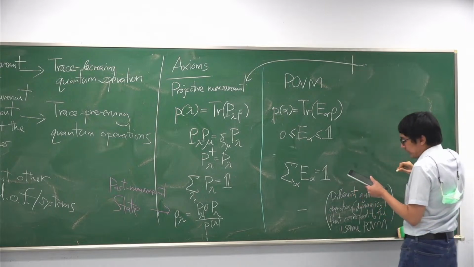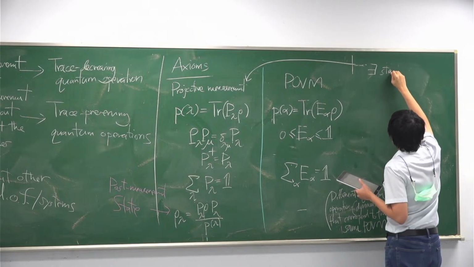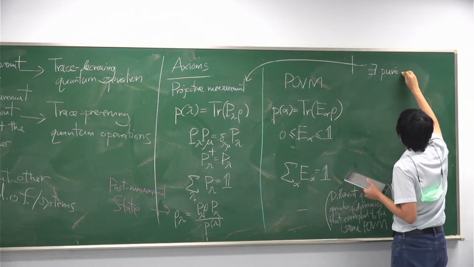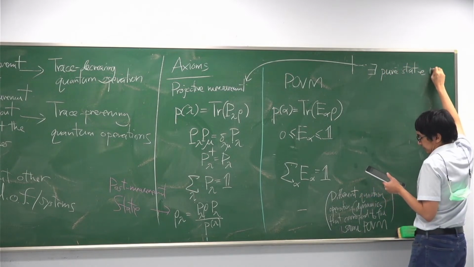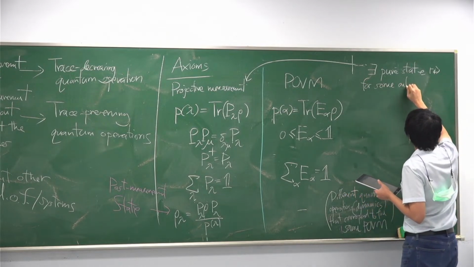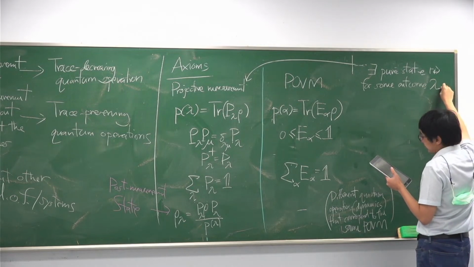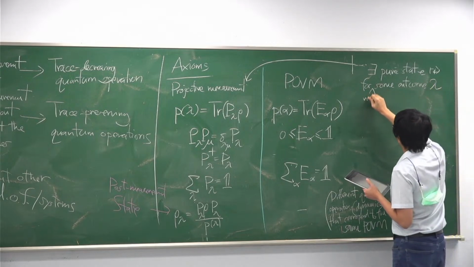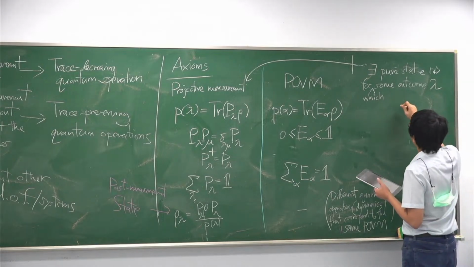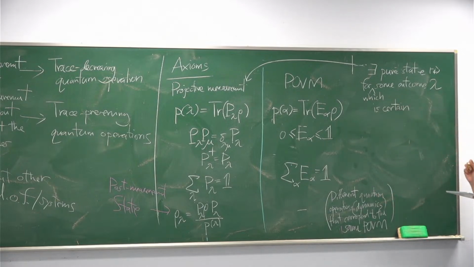So for projective measurements, there always exists a pure state psi for which some outcome lambda is certain to happen.